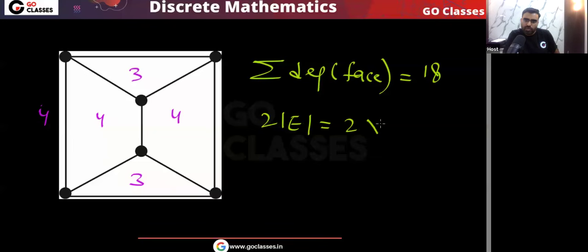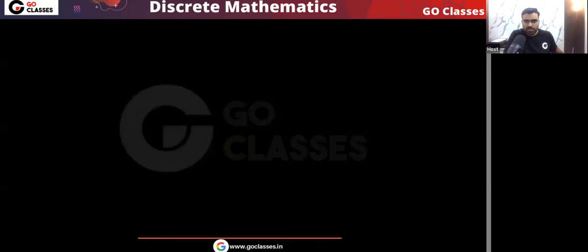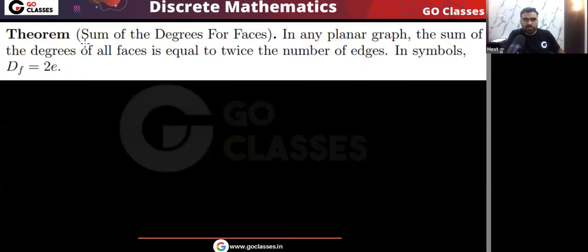What is the number of edges here? You can see there are total 9 edges, so 2 multiplied by 9 is also 18. You can verify very easily. I hope you understood. So this is the summation of degree of all the faces. In any planar graph, the sum of degree of all the faces is equal to twice the number of edges.